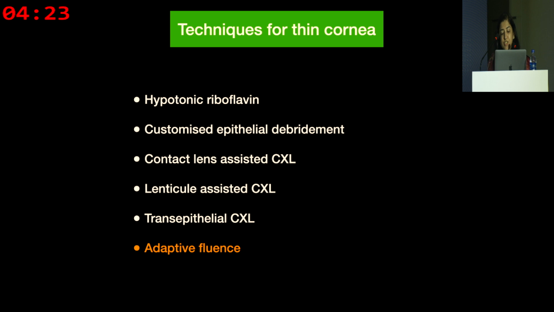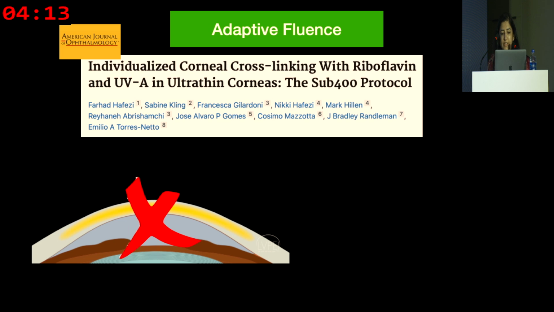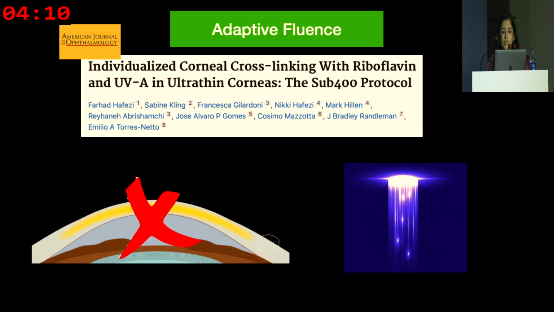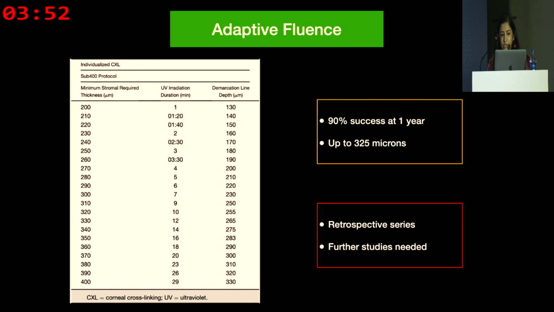And then the last technique, which is recently introduced, is called adaptive fluence. So this was introduced by Dr. Hafezi's group. And what they thought was, instead of thinking about augmenting stroma intraoperatively, one could think of just playing around with the fluence of the ultraviolet light that is provided during the procedure. So they studied the properties of riboflavin diffusion using Fick's law of diffusion, and the ultraviolet energy penetration as well using the Beer-Lambert law, and came up with this algorithm where it shows what is the minimum stromal thickness required and what is the UV radiation that you would want to give.